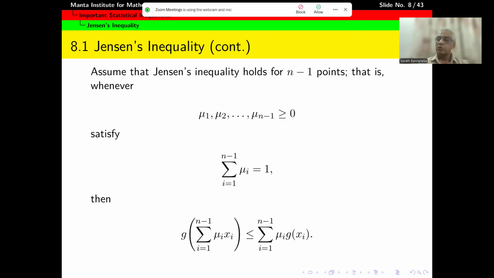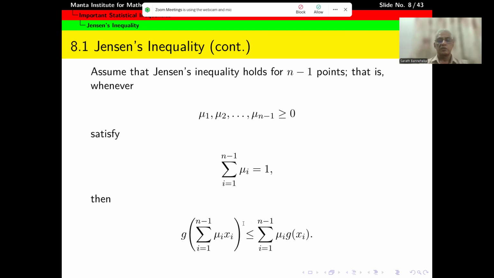Now let us assume that Jensen's inequality holds for n minus 1 points. That is, whenever you have several constants, say mu 1 up to mu n minus 1, which are non-negative, greater than or equal to 0, satisfying the sum of those values equal to 1, then this inequality should be satisfied.